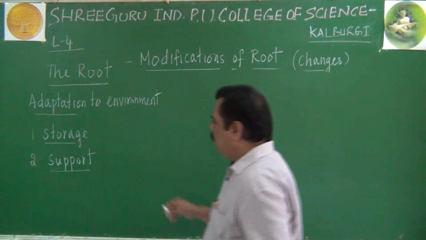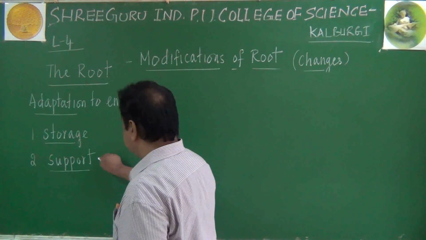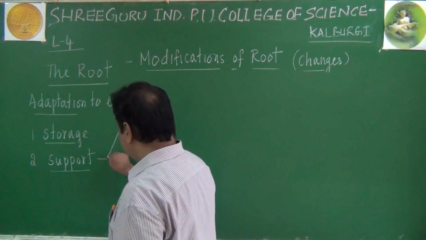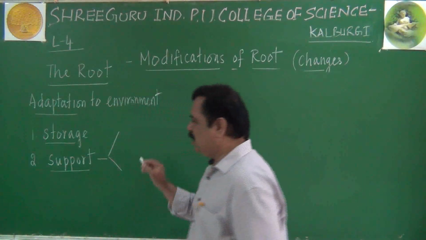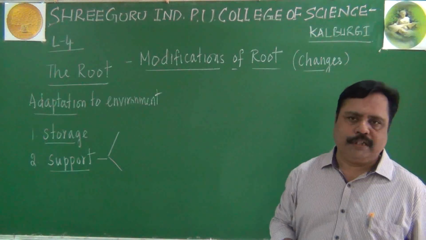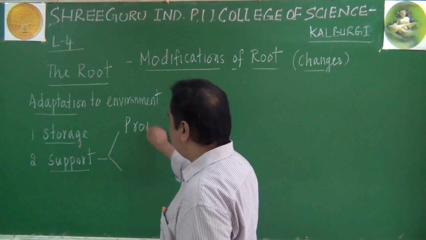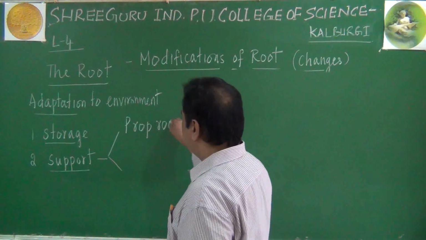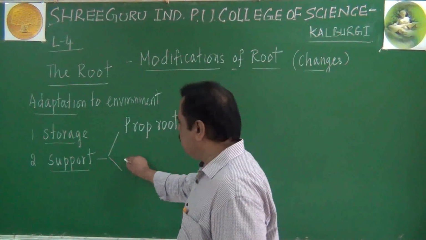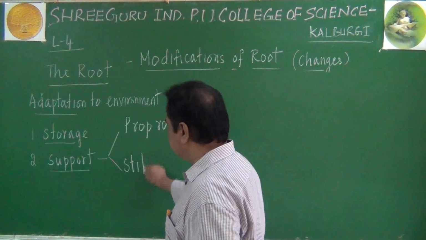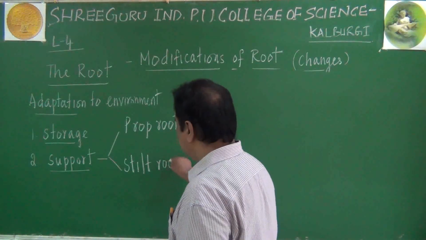Please listen. As far as support is concerned, we will come across two major types of root system here. One type is called prop root, we can say, prop root. The second type of root is called stilt root, we can say here.